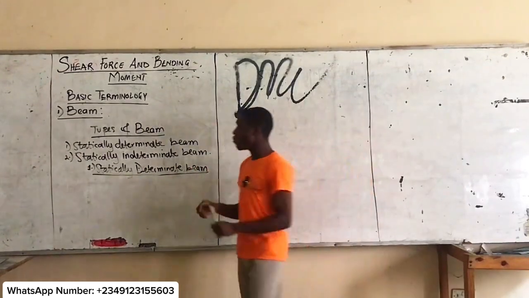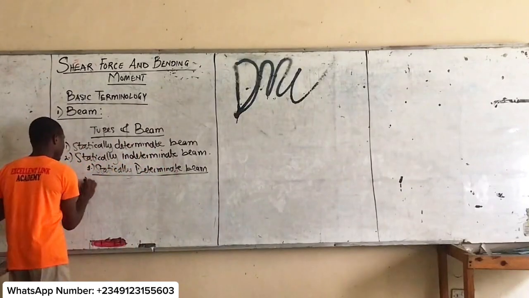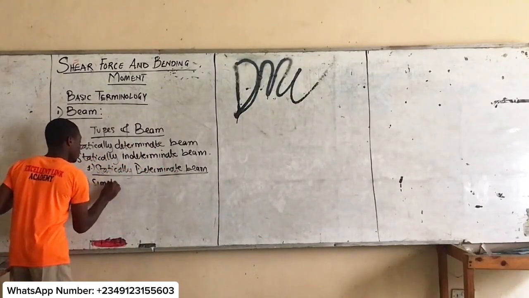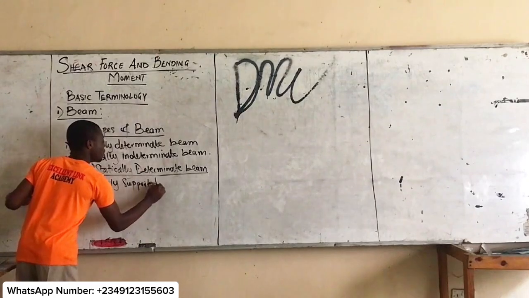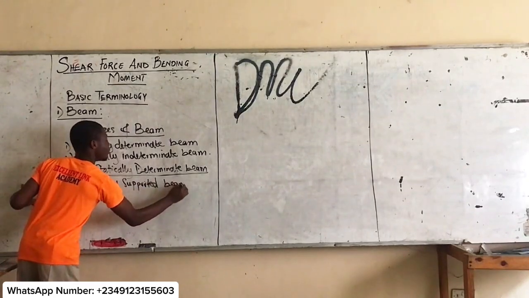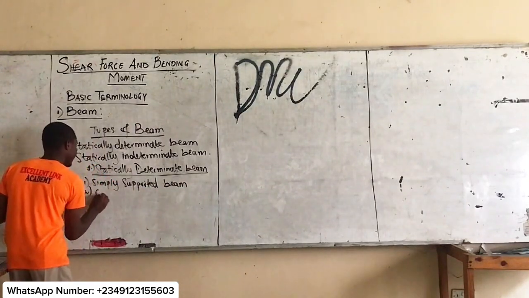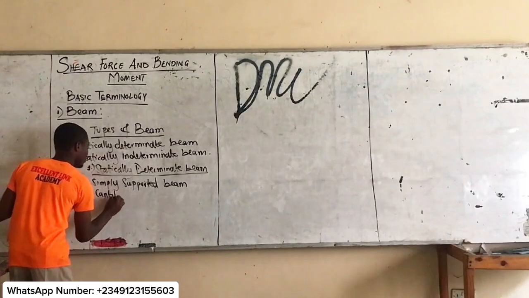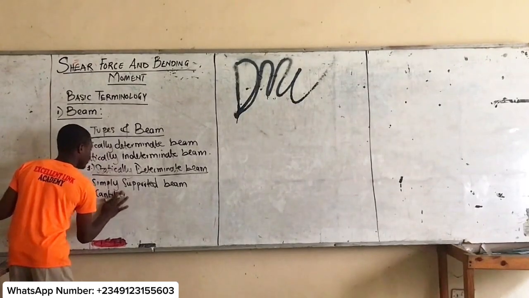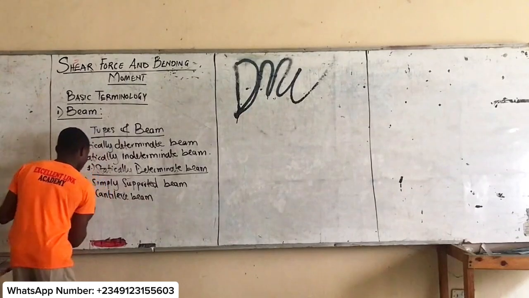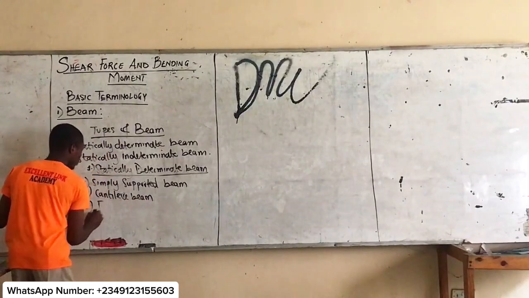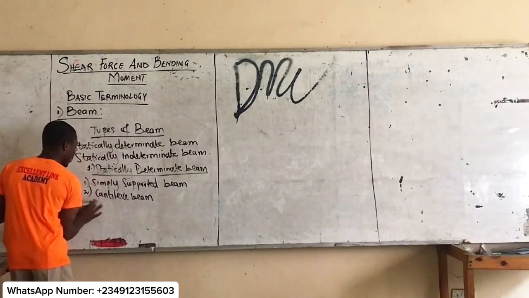Number one, we have the simply supported beam. Number two, we have the cantilever beam. Number three, we have the overhanging beam.